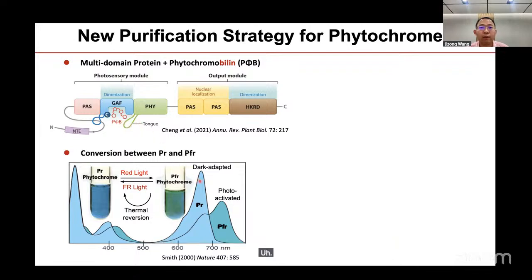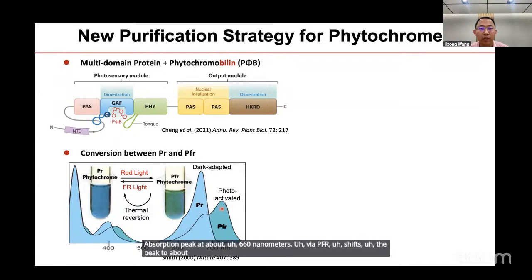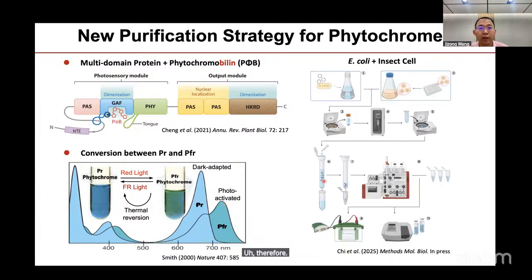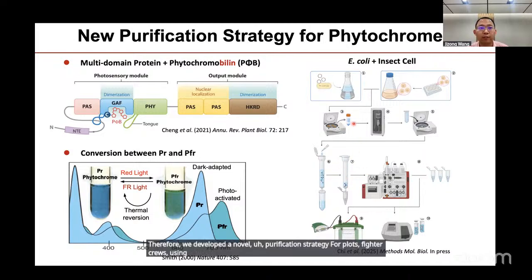The PR state exhibits a red light absorption peak at about 660 nanometers, while PFR shifts the peak to about 720 nanometers, indicating far-red light absorption. Therefore, we developed a novel purification strategy for plant phytochromes using bacterial and insect cell systems, which will soon be published.